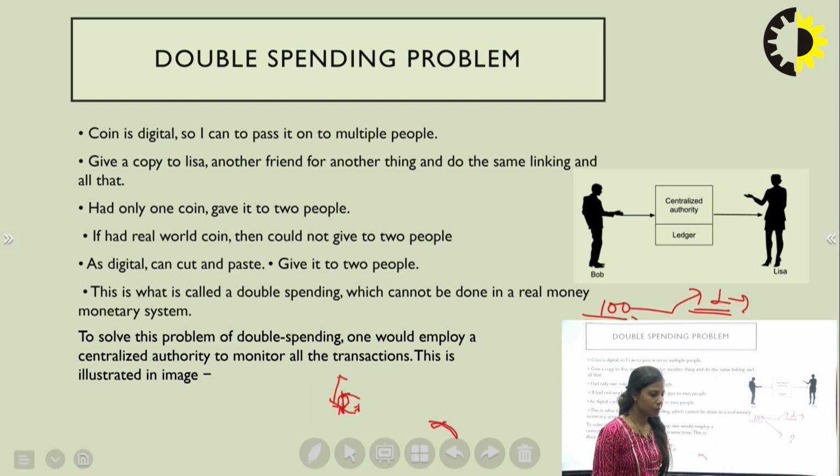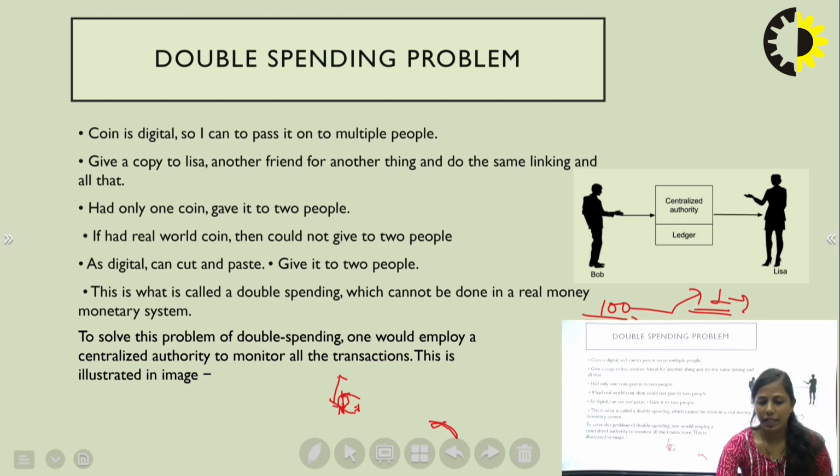It also keeps track of both people if the amount is split: if I have 100 rupees, I can transfer 50 rupees to one person and 50 rupees to another, and all of this is validated by the nodes and the network. This is how the blockchain works on the double spending problem. It validates the transactions, like in banking: if you have a sufficient amount, only then can you transfer it.